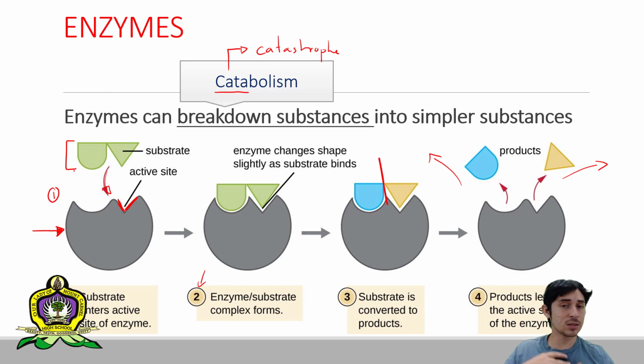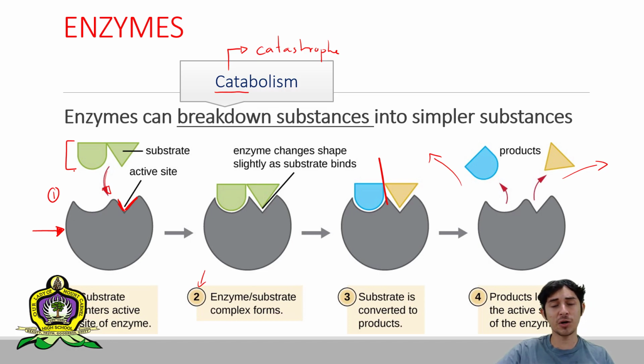This substrate is the large substance which will be broken down. And once it's broken down, the products are released. Notice that the word catabolism refers to the group of reactions that are occurring inside of the human body that are breaking down substances into simpler substances.